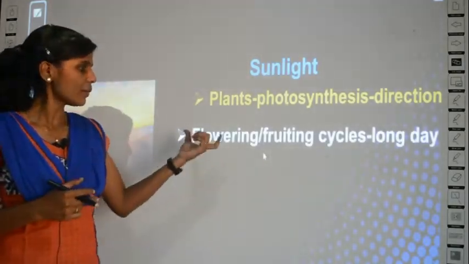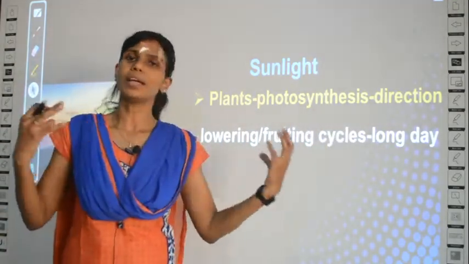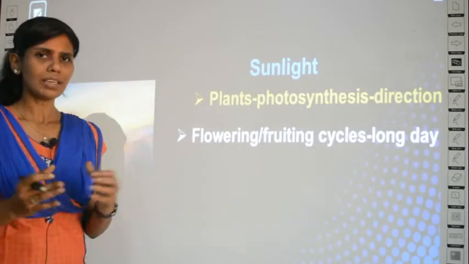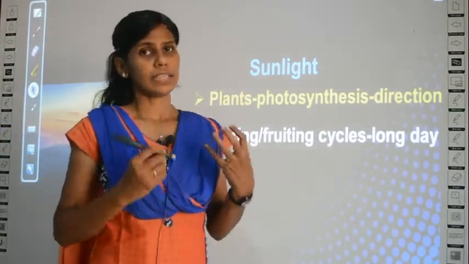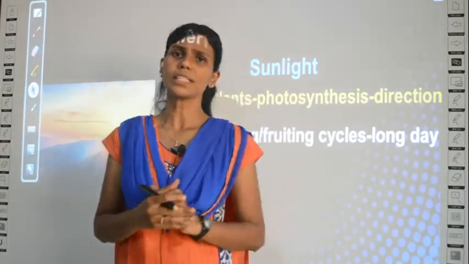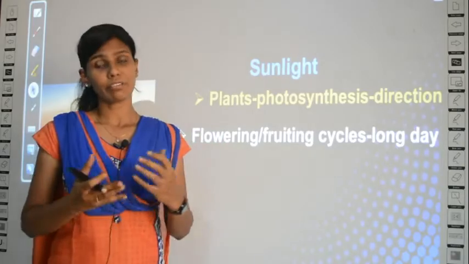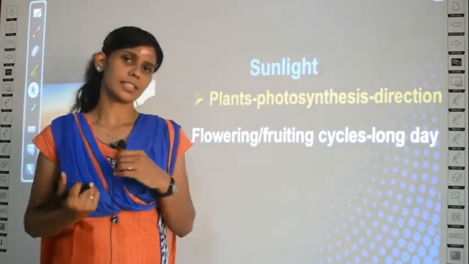And also flowering and fruiting cycles are good when the day is long. So in India it is okay. We have almost equal days throughout the year, no? Day length means the same, say for example, if the sun rises at 6 o'clock, it sets at 6 o'clock, right?